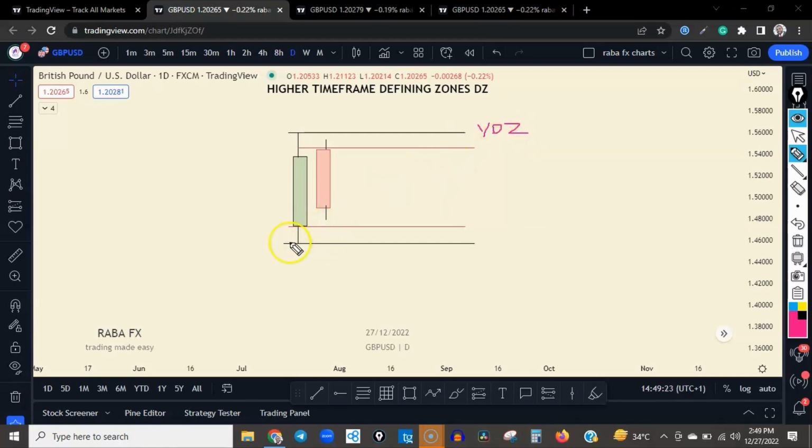And the lowest here, you call it yearly defining zone. You can include a low if you want to. And the highest body, in this case February, is the implied zone. In this case, yearly implied defining zone.